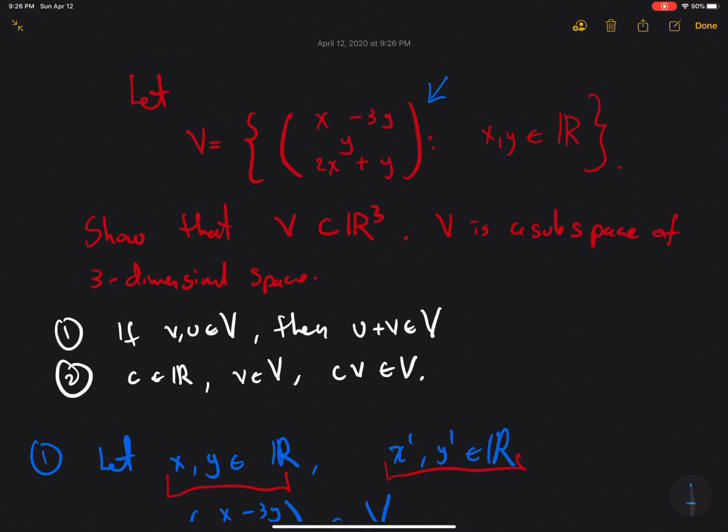That means that we should be able to find two parameters such that the coordinates for that vector are of that form.